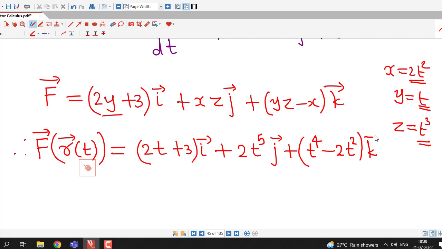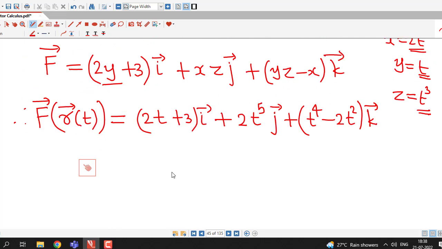So this is our vector function f bar converted in terms of t, and limits of t are from t equal to 0 to t equal to 1.